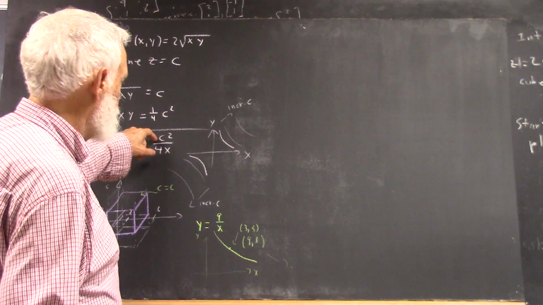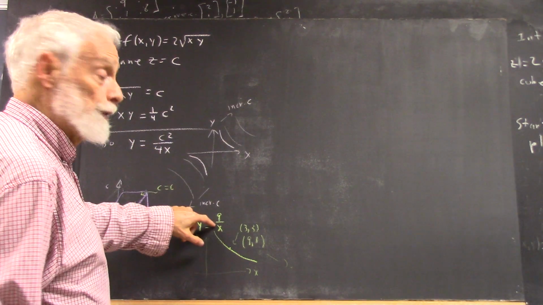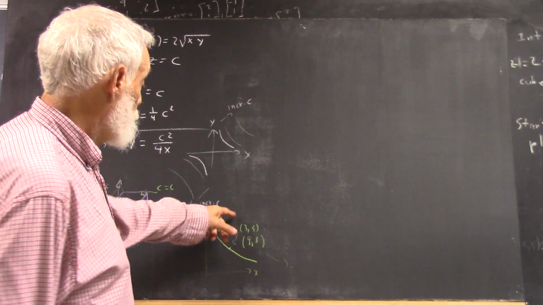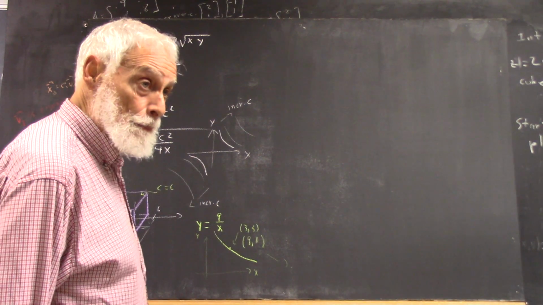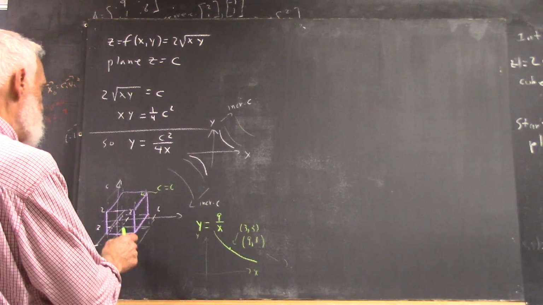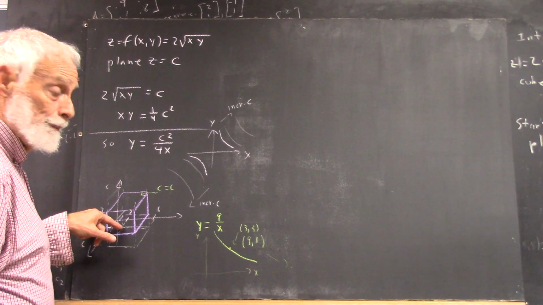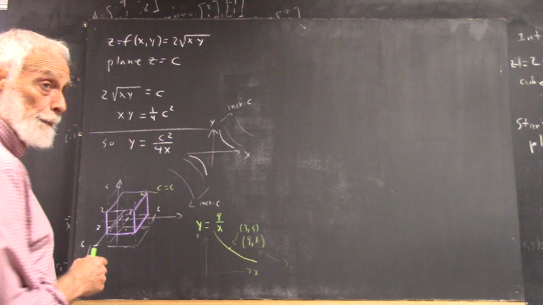If C is 6, C squared is 36, so C squared over 4x is 9 over x. And you have the point (3,3), you have the point (9,1) out here, you'd have the point (1,9) up here, okay? So we can see where (3,3) would be. Well, right here is 2 in the xy plane, right? So (3,3) is just about here, okay?